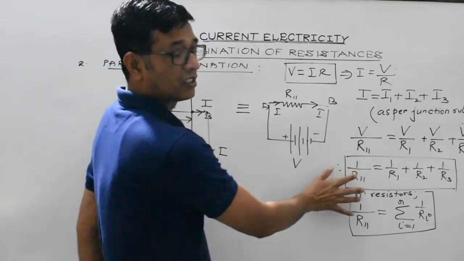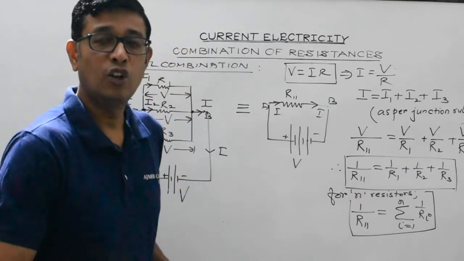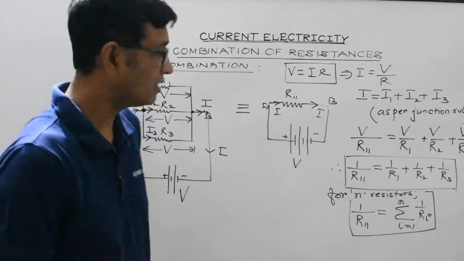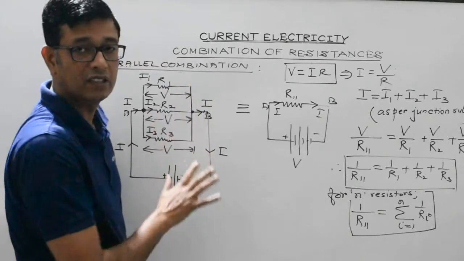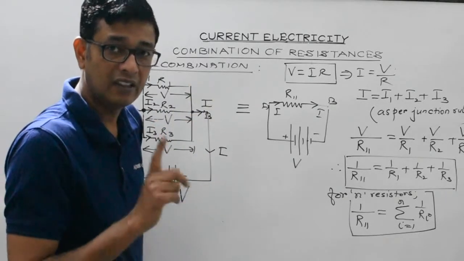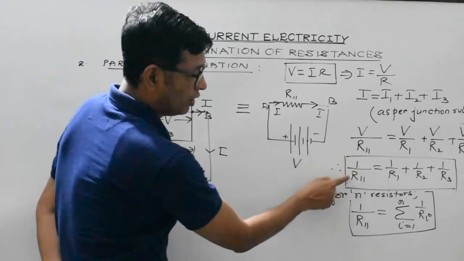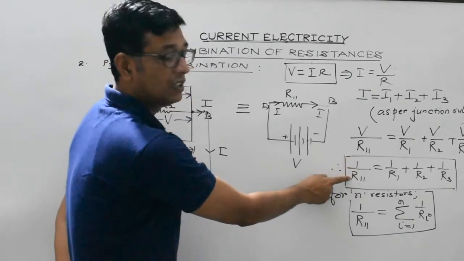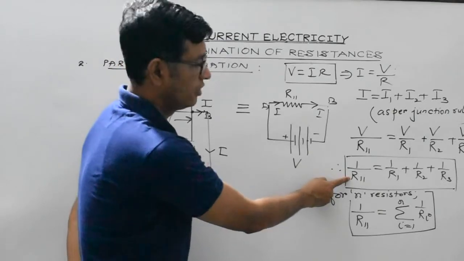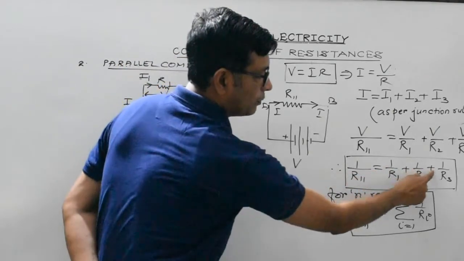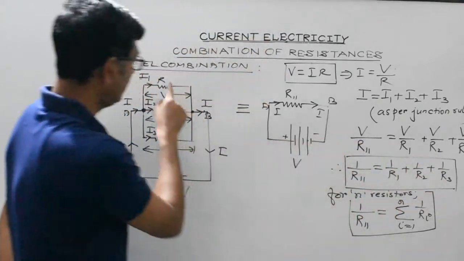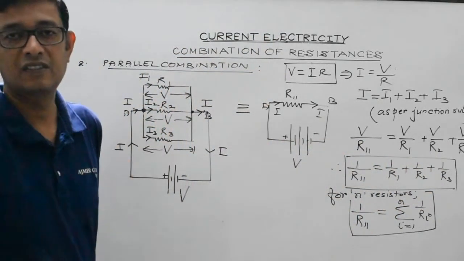So students, this result is known as the law of parallel combination of resistances, which states that if two or more resistors are connected in parallel, then the reciprocal of the equivalent resistance of the parallel combination is given by the sum of the reciprocals of the resistances of the individual resistors.